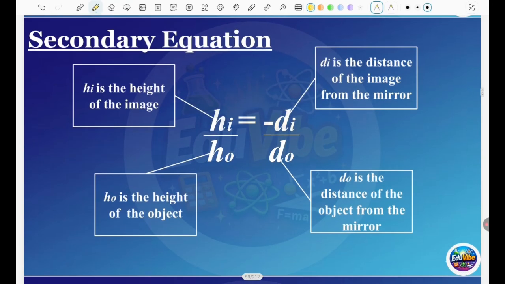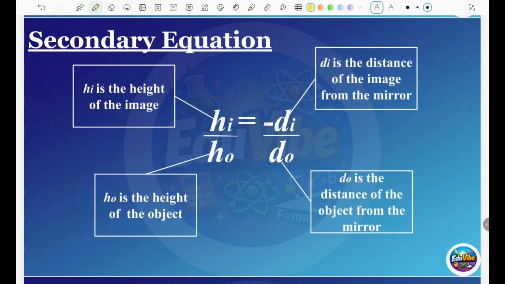You also have a secondary equation for when you have information about the image. You have do and di, but you have to find something else about the image, so you use heights. The distance is also compared to height now. hi/ho = -di/do.